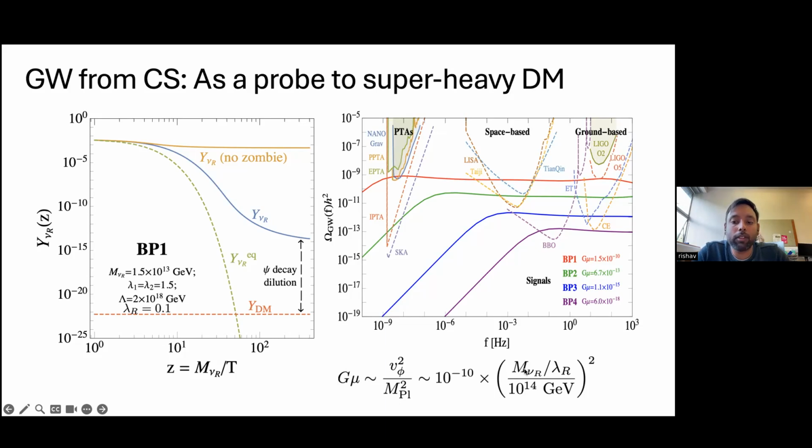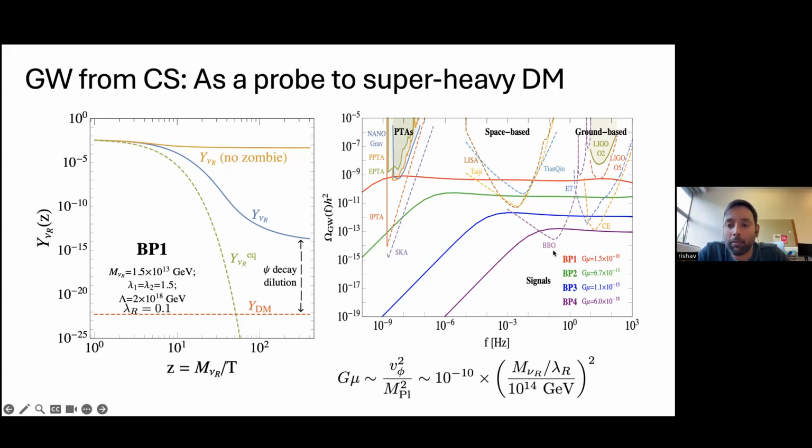Depending on the mass of the right-handed neutrino and this coupling, one can have different values of string tension. So here they fixed lambda r at 0.1, and then varied the mass of the right-handed neutrino, and as a result G mu was also varying.